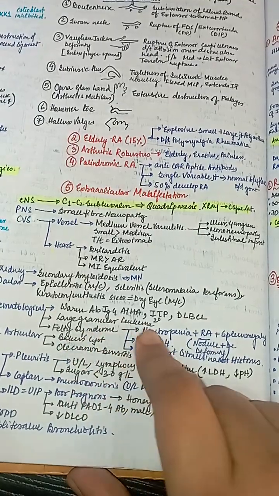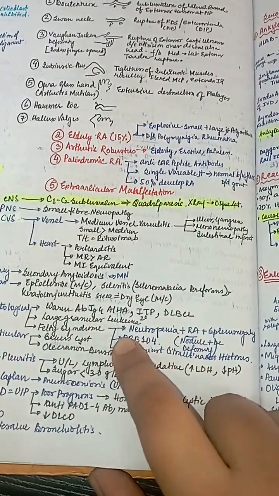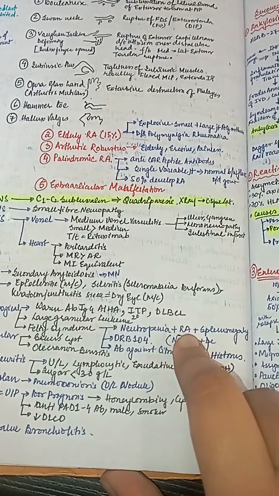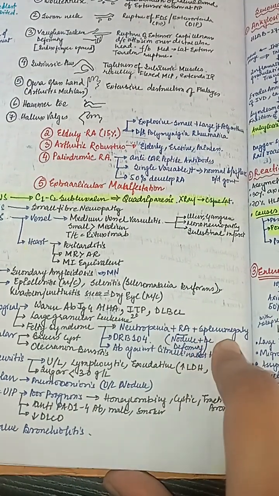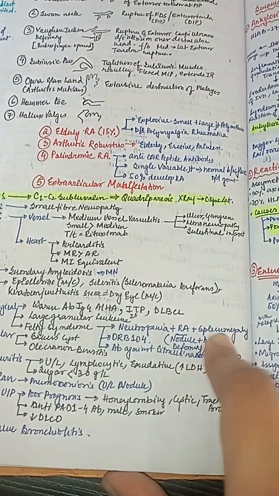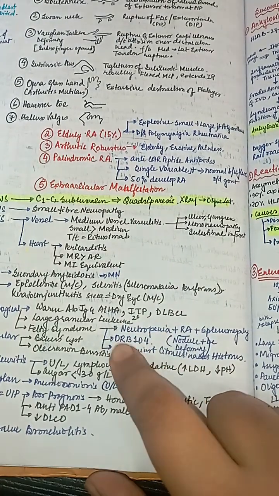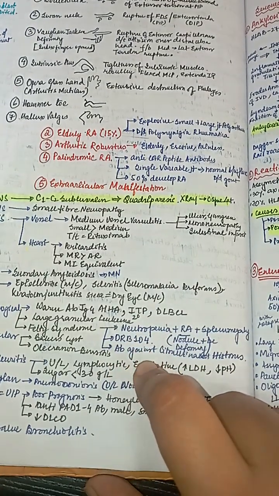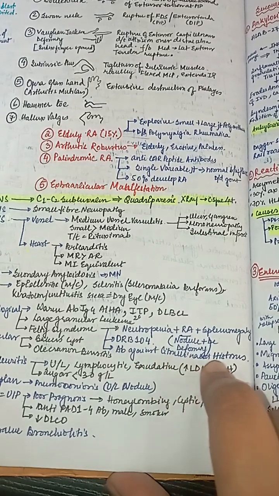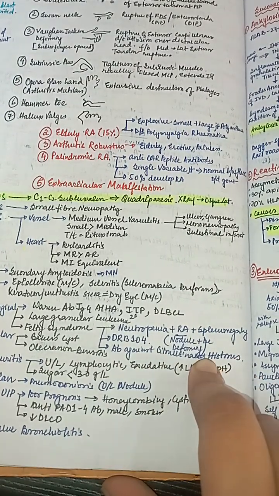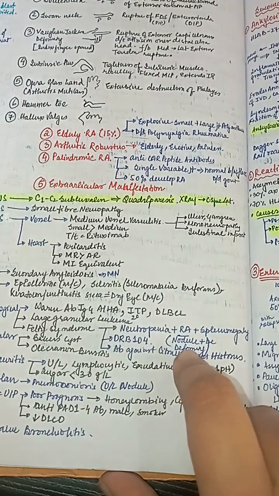Felty's syndrome. What is Felty's syndrome? Felty's syndrome is neutropenia, rheumatoid arthritis and splenomegaly. HLA DRB1*04 is involved in Felty's syndrome. Antibody against citrullinated histones are present.